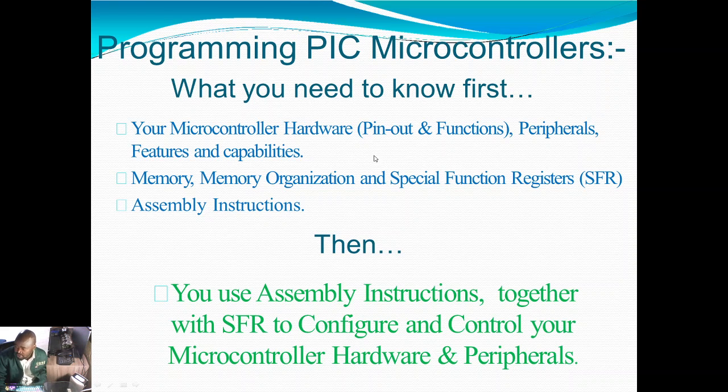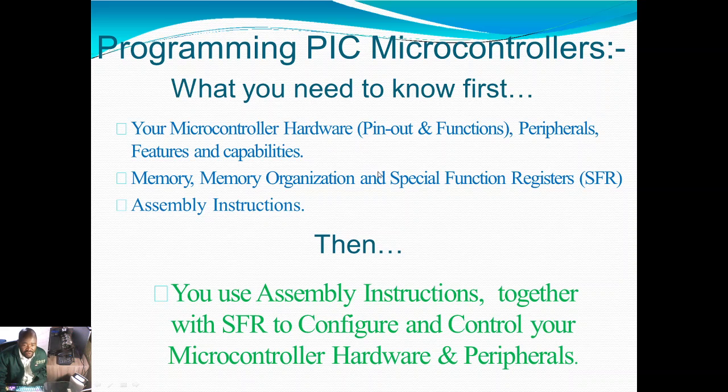In the very first tutorial video I released on PIC assembly language programming, I did discuss this very important point to note. For you to program any microcontroller, your PIC microcontroller in assembly language, you first need to know the particular hardware you want to control. You need to know your microcontroller, its pinout, functions, and capabilities.